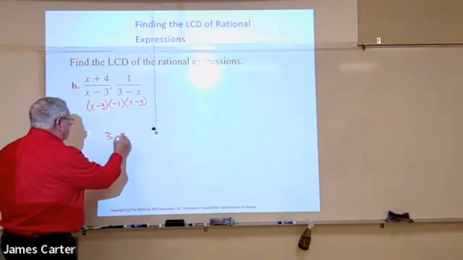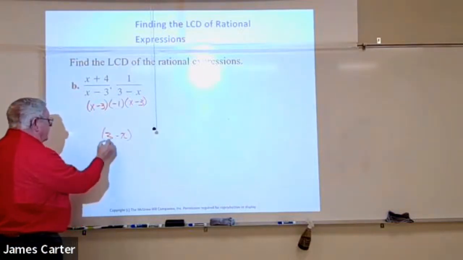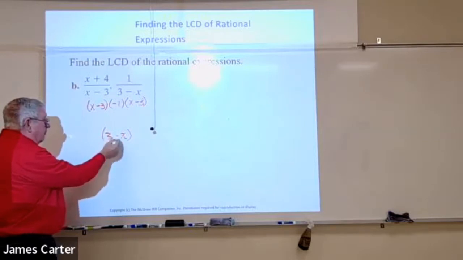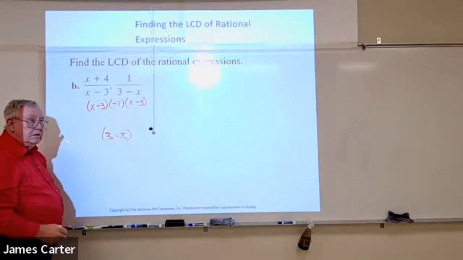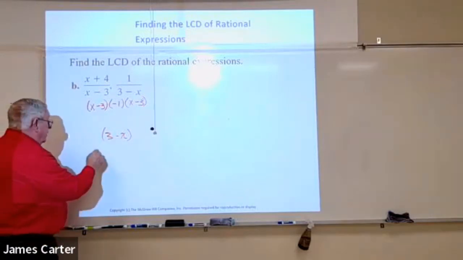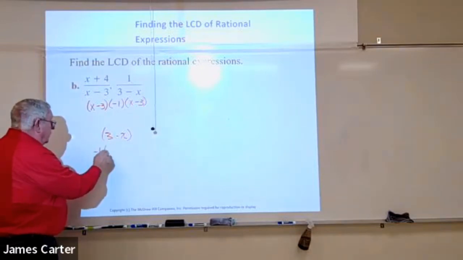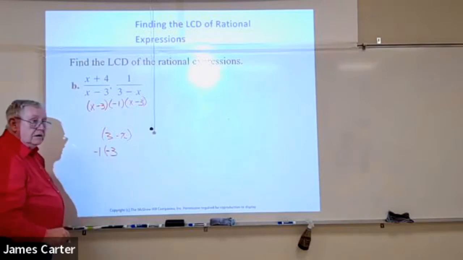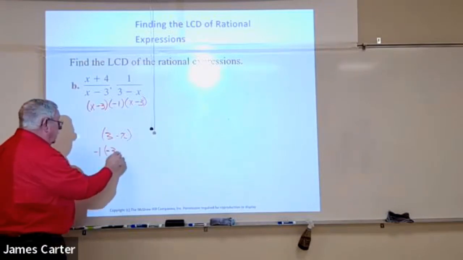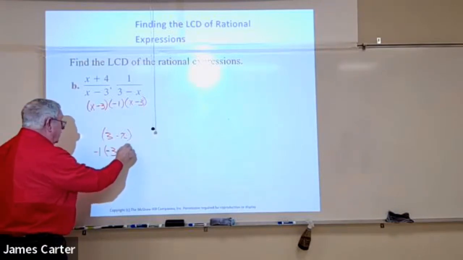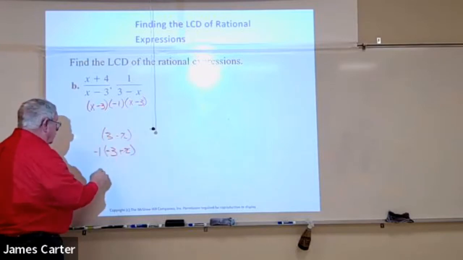Now, you understand what I did here out of that thing? 3 minus x. If I take a negative out of both of those, then if I take a -1 out of both of these, then that one becomes -3. This one becomes positive x. Then all I did was switch the order up.